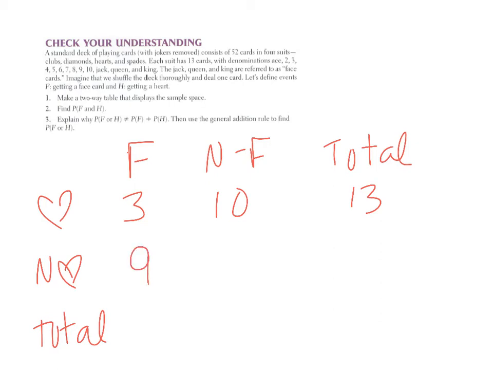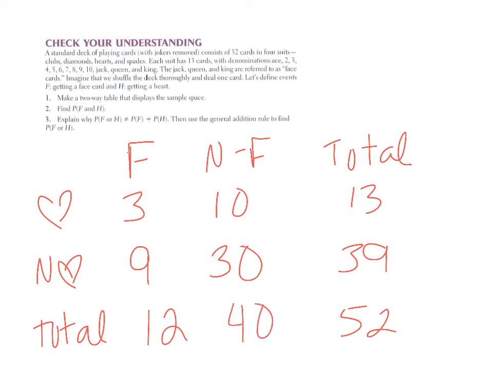So there'd be 9 non-heart face cards, and then there would be 30 non-heart, non-face cards for a total of 39 other cards. So that gives me 52 in total there. And then I have 12 face cards and 40 non-face cards, which gives me 52 in total. So there's my two-way table.